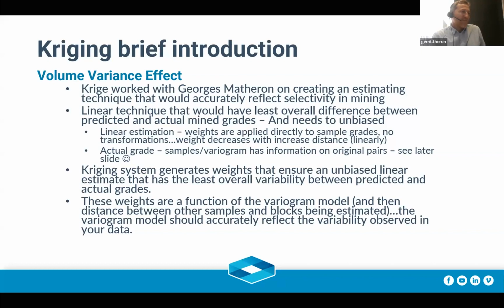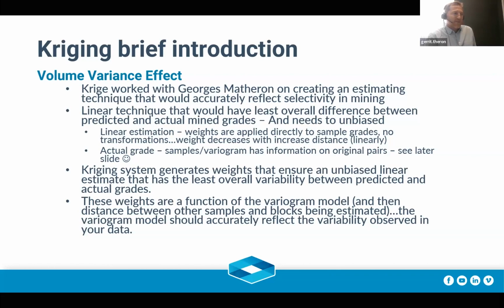But the samples and the variogram have information on the original pairs that we used during the variogram modeling, and we're going to see later that you can actually determine the actual grade before being there based on your data or your variability. So the kriging system generates weights that ensure an unbiased linear estimate that has the least overall variability between the predicted and the actual grades.